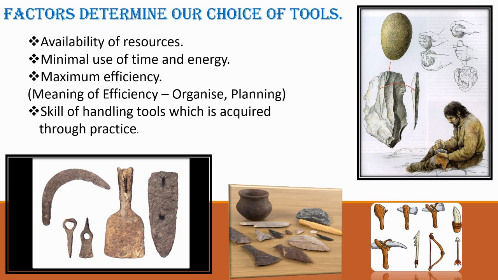If you want to do some work, first of all you are supposed to plan. Without planning it's going to be a mess. In the same way the Stone Age people, before doing something, first used to plan it.